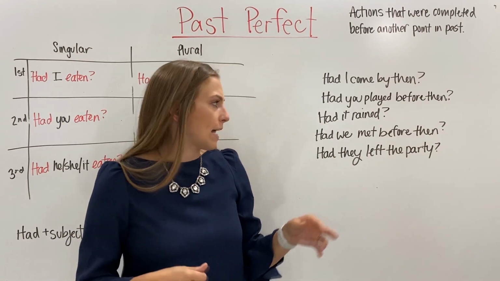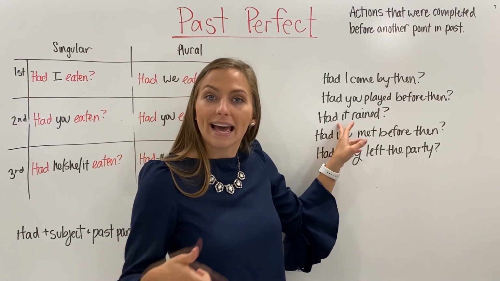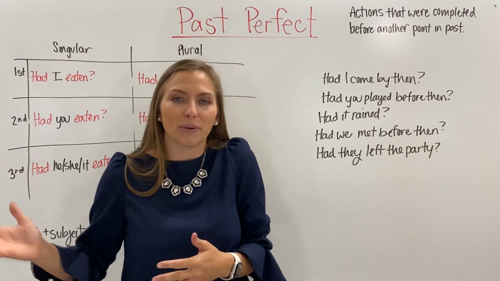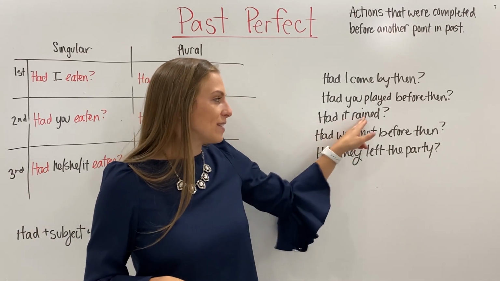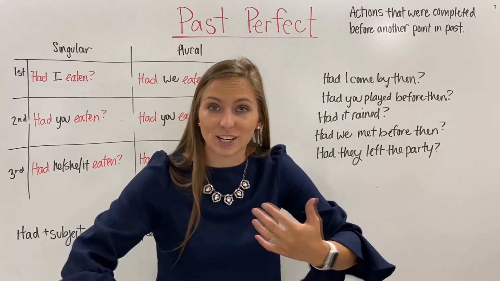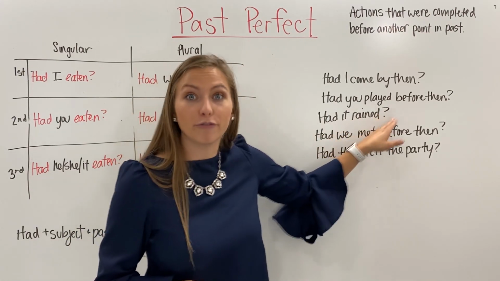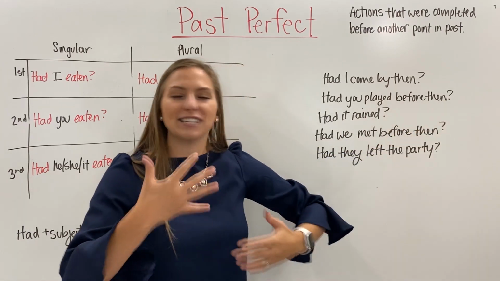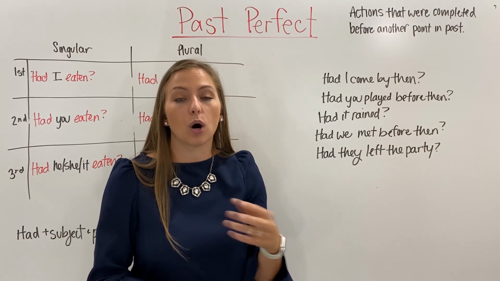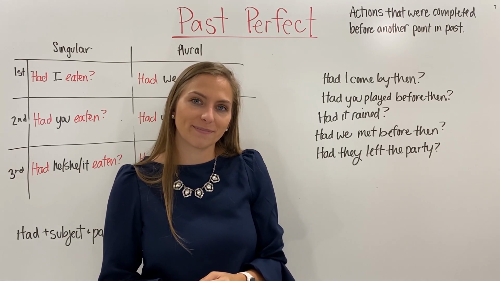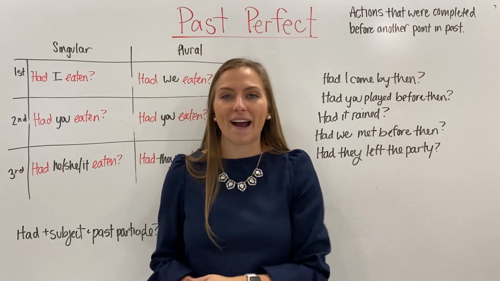And someone might ask, well, had it rained? Had it rained before? Did you have to clean up the rain before the wedding? So as you can see in the conversation, you did not have to say, had it rained before the wedding started, right? You don't have to say the second event all the time, as long as it is addressed in the conversation. So I think it is time for practice.